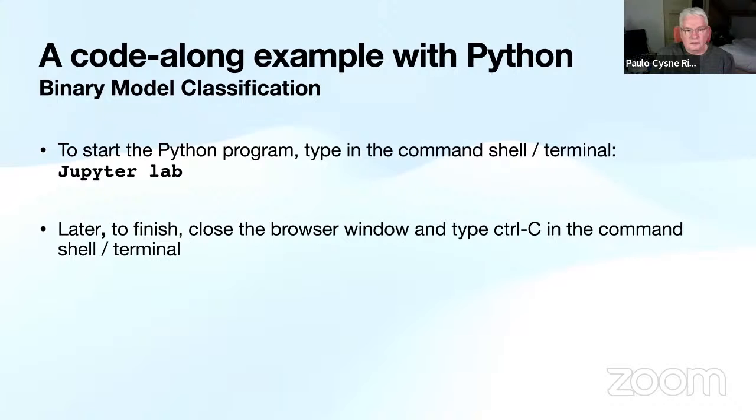And later, once we are finished, to close, you close the browser window, then type Ctrl+C in the command shell or in the terminal, and it's going to ask if you want to finish. You say yes, and it will be done.